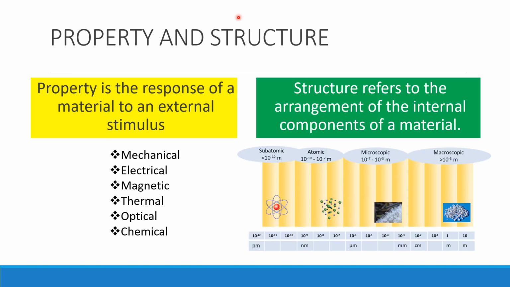In the case of the structure, it refers to the arrangement of the internal components of the material. Depending on the scale we are looking at, then we'll talk about subatomic structure, or atomic, or microscopic, or macroscopic. I mean, we can go for the structure of the atoms, then subatomic. We can look at how these atoms are arranged to form a crystal.